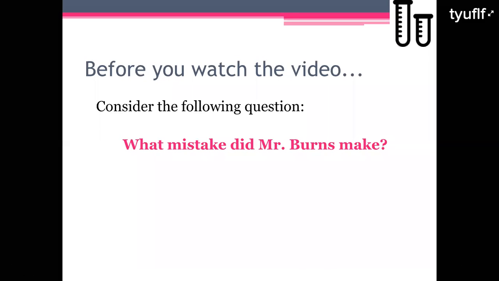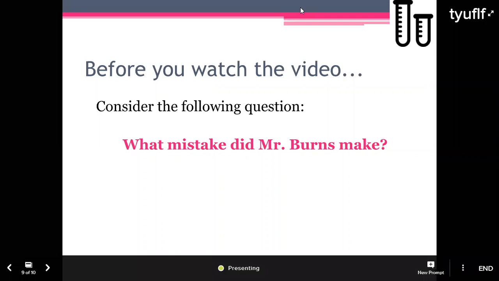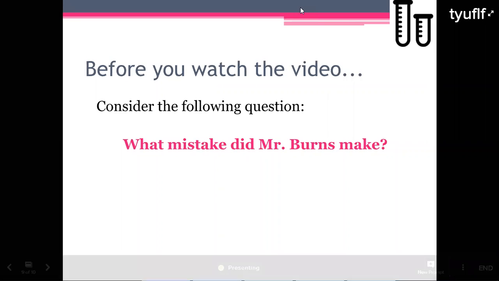All right, so what mistake did Mr. Burns make? Because clearly he intended to hurt Homer. The weight wasn't heavy enough because it was only 1,000 grams. Right, it was only 1,000 grams. I can't restart the video, but I'll just show it to you. Remember, if you looked at the anvil, it said 1,000 grams. So he saw 1,000 and was like, oh yeah, that's definitely heavy, but it's actually really not.